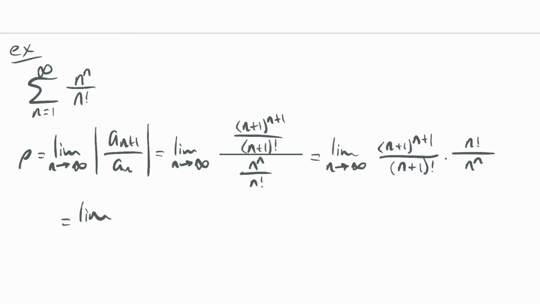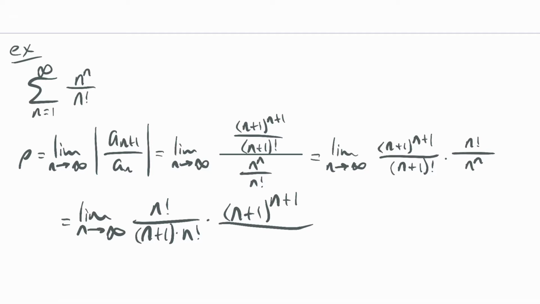So the limit as n goes to infinity of n factorial over, and I'll write this denominator as n plus 1 times n factorial, times n plus 1 to the n plus 1 power, all over n to the n power.